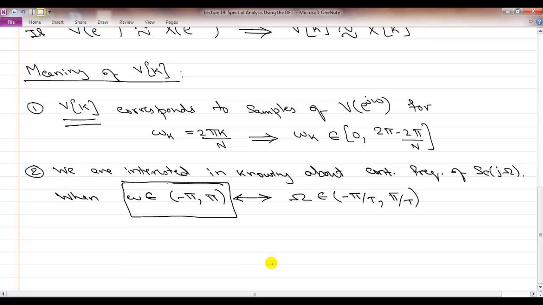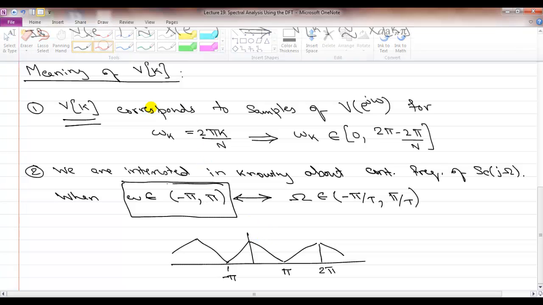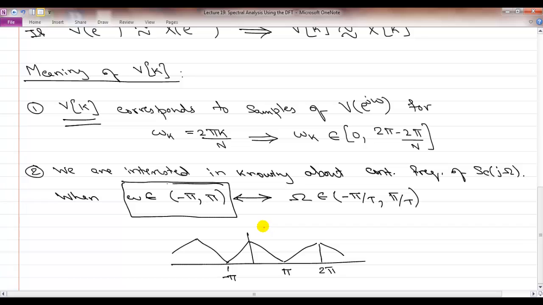So the DFT, for example, if you look at this example, this is minus pi, this is pi, and this is 2 pi. And this is, of course, periodically repeated all the time. Now, this is the DTFT, let's call it V of e to the j omega. DFT is sampling this between 0 and 2 pi.